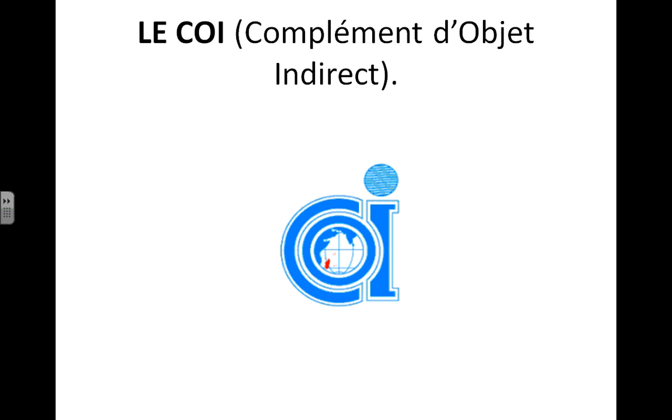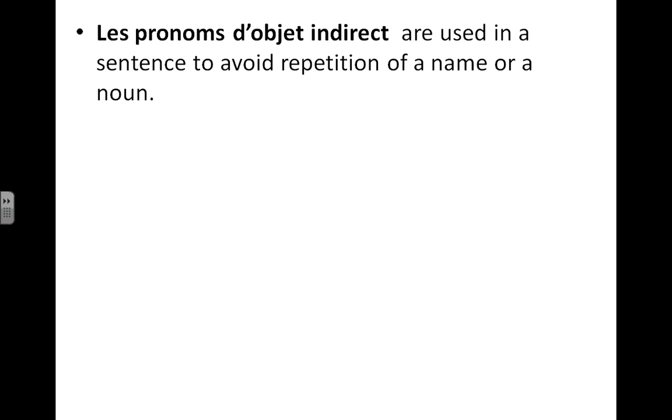Okay, having said that, let's go ahead and do the COI, complément d'objet indirect. Let's see what the difference is with the COD instead. Les pronoms d'objet indirect are used in a sentence to avoid repetition of a name or a noun. So they're like the COD, right? You want to not be redundant.